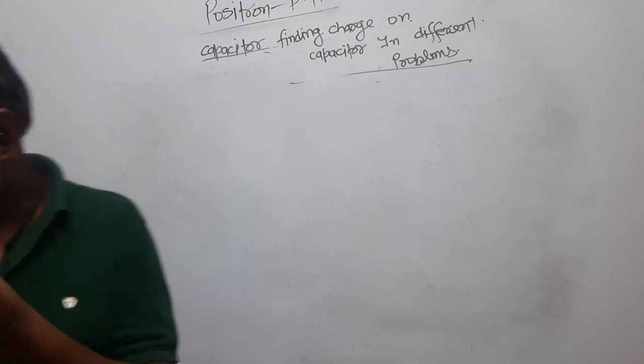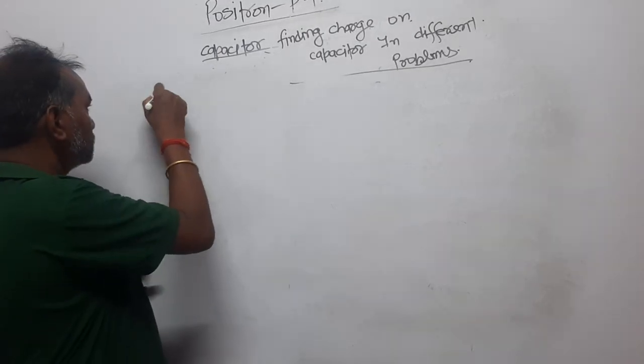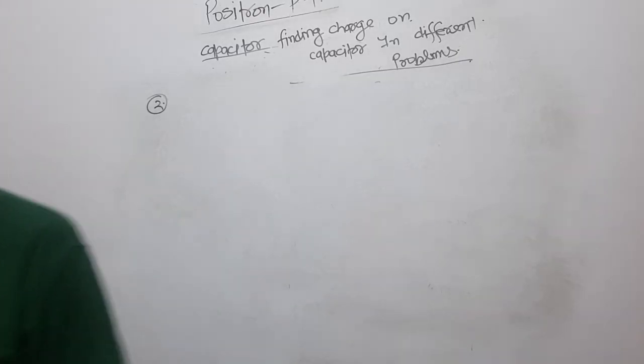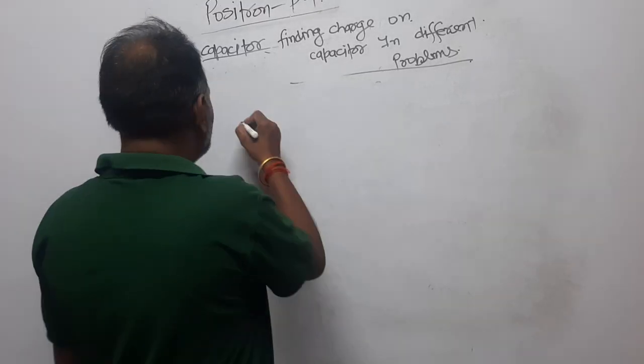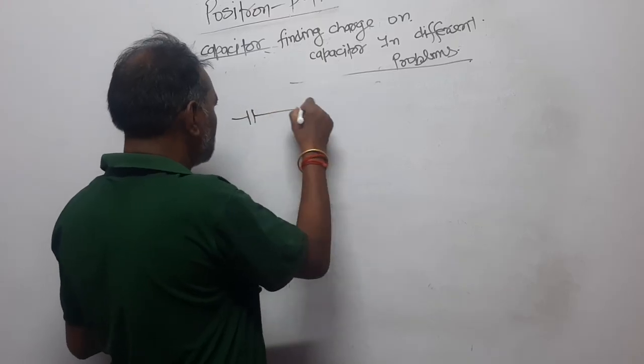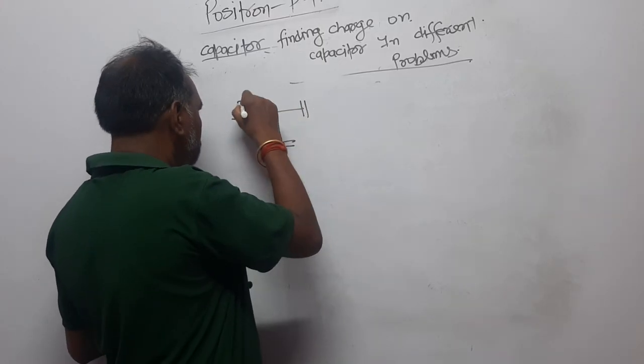Next problem is, what we have to do. Second is the 2 microfarad, this is 4 microfarad, this is 6 microfarad, 2 microfarad.